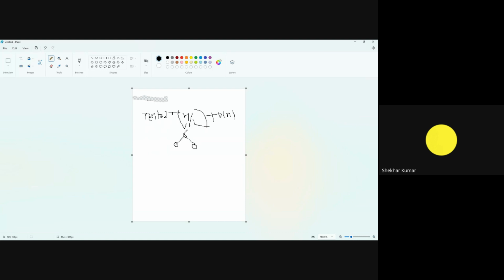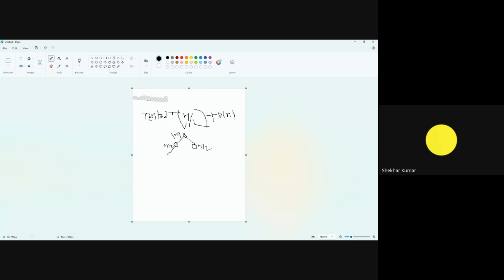The size of the complete problem is n. Further, it is divided into two equal halves, n by 2 and n by 2, and this function is called recursively. The division will continue until the problem becomes minimal.